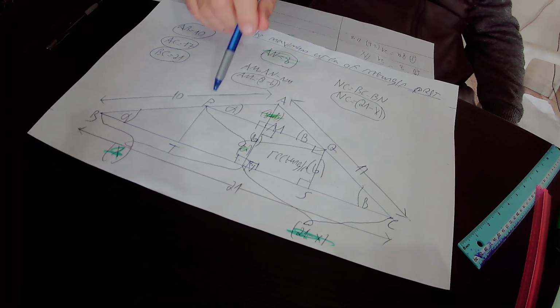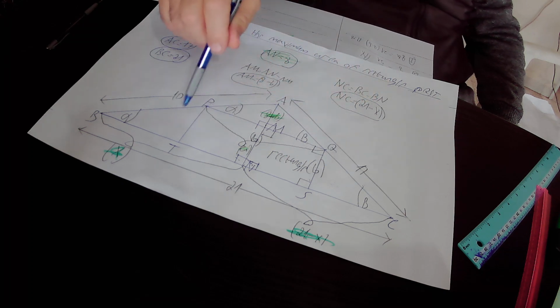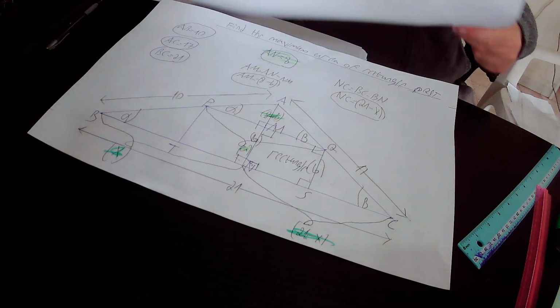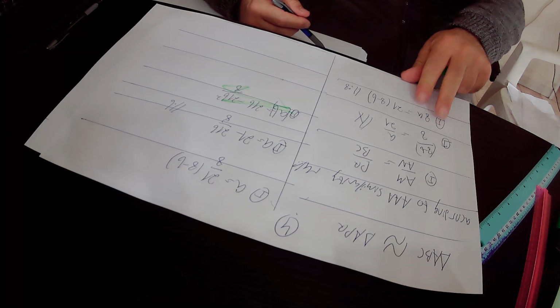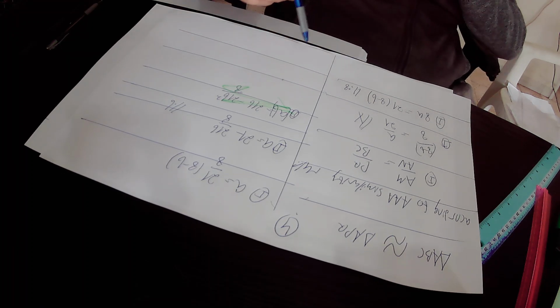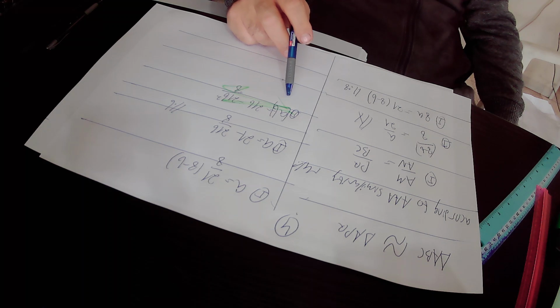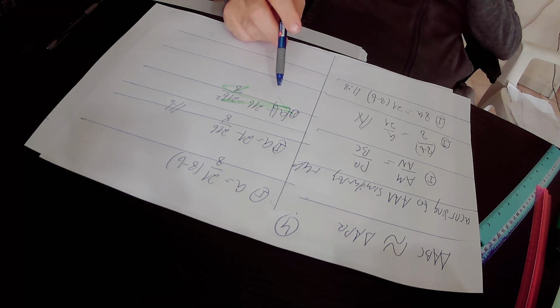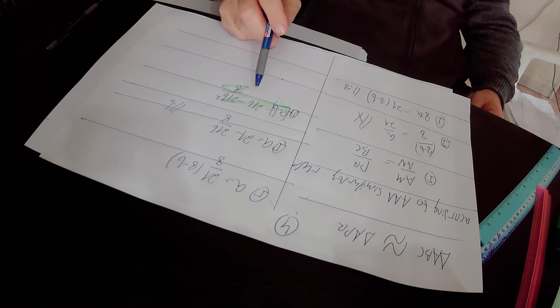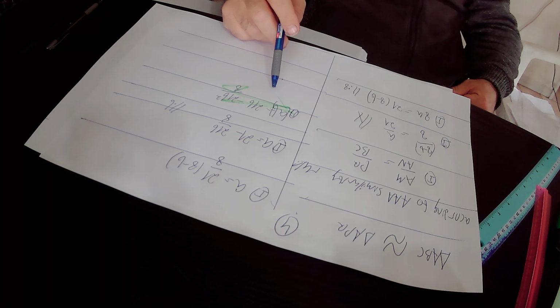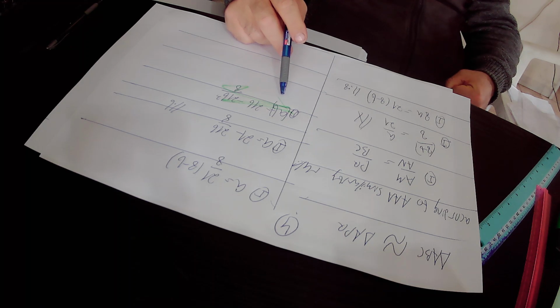Again, our mission is to find the maximum area of this rectangle PQST, or in other words, the maximum value of this function area, A times B. That is, for which B, the width, we will get the maximum value of A times B.